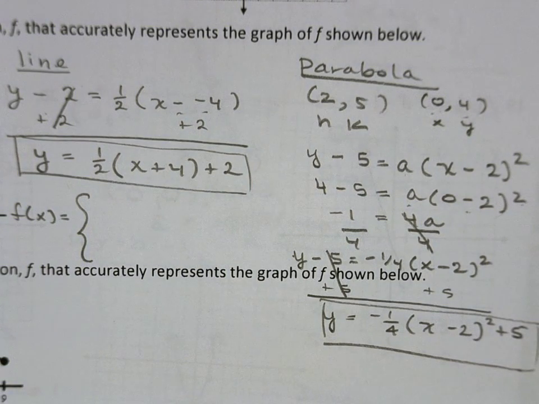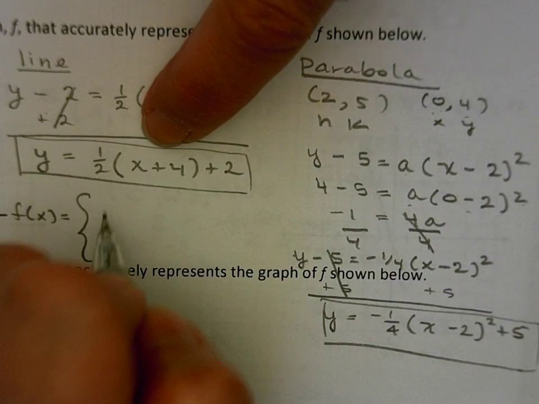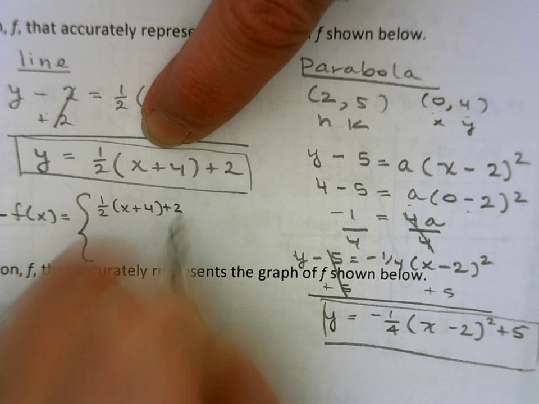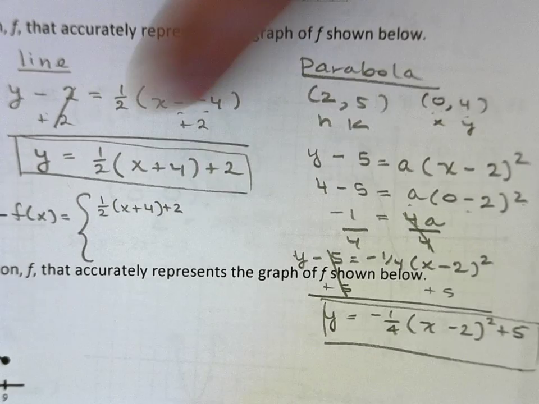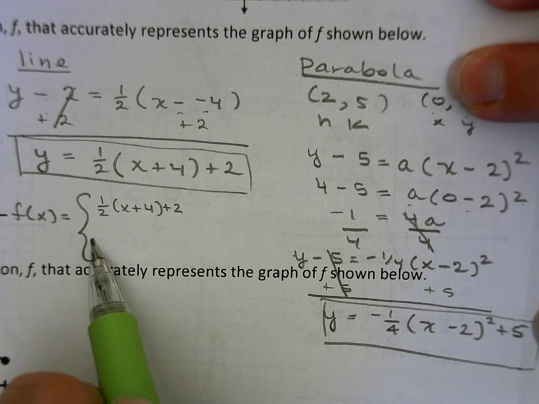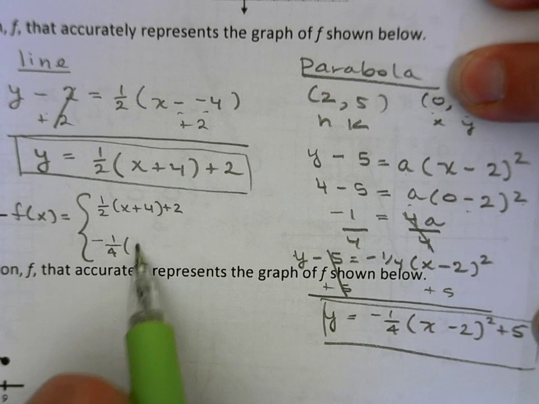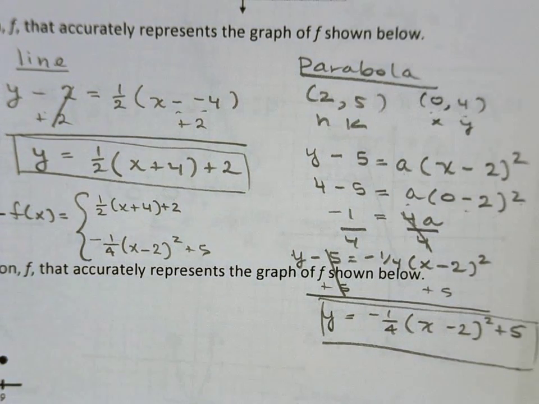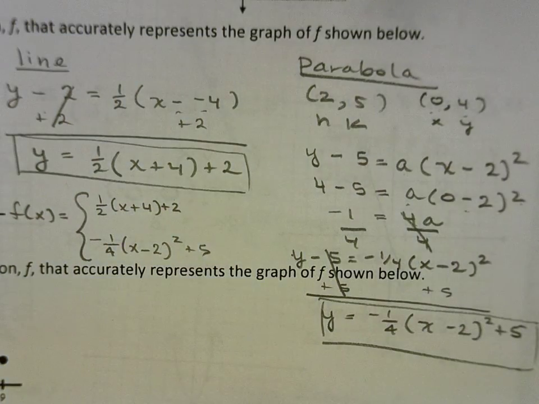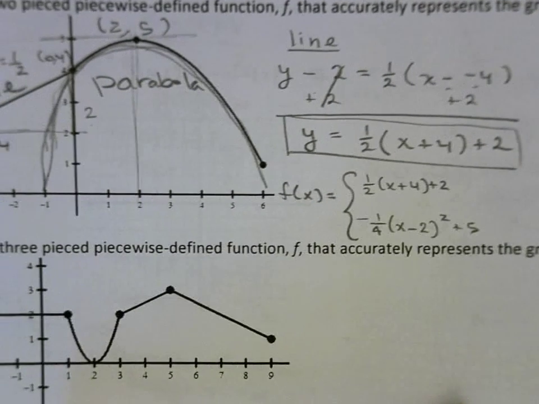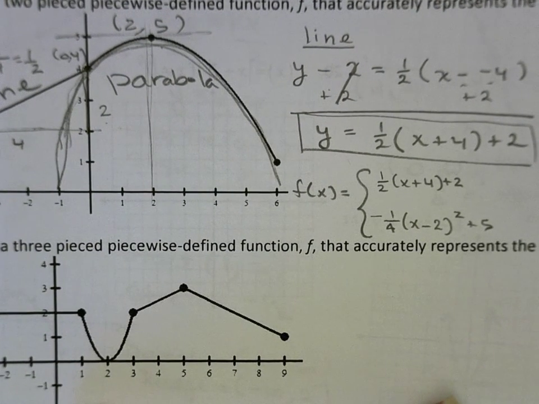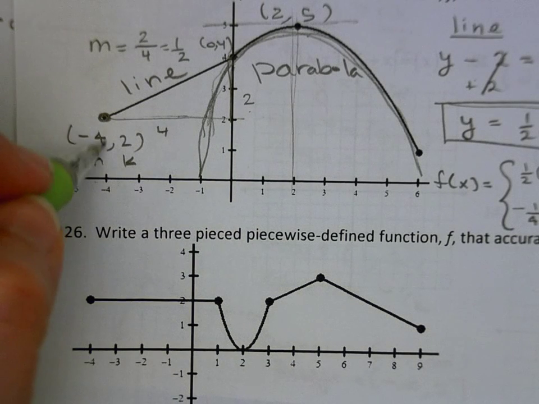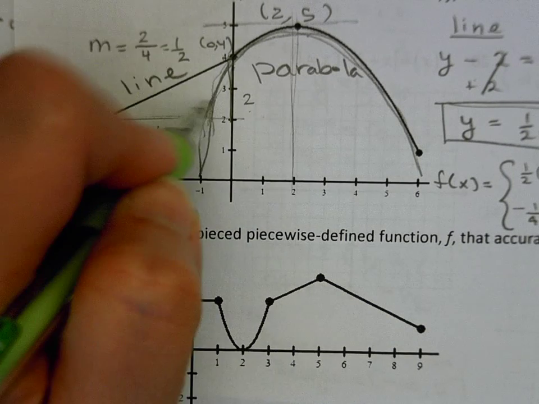So my line first, and then I'm going to put my parabola under that because that came second. Okay, now I just have to look over here to see how far each of these go. The line started at negative 4 and then stopped at 0.